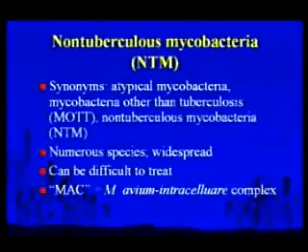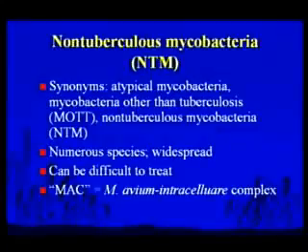Any questions about TB? We're going to go fairly rapidly over the non-tuberculous mycobacteria. One can argue that in the world of mycobacteria, TB is really the atypical one. The rest of them are not quite so dangerous. There are different terms for non-tuberculous mycobacteria: MOTT, or mycobacteria other than TB, atypical mycobacteria, NTM or non-tuberculous mycobacteria.